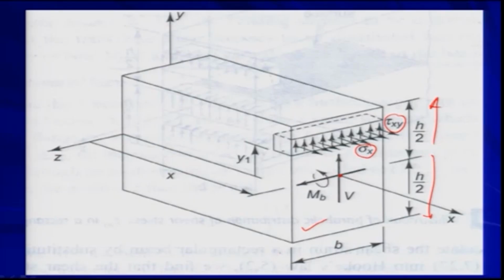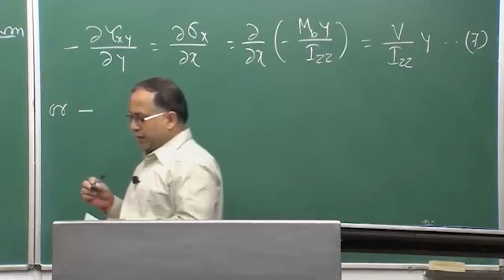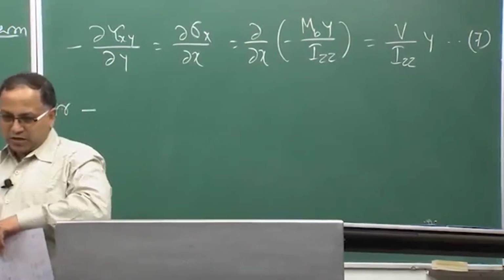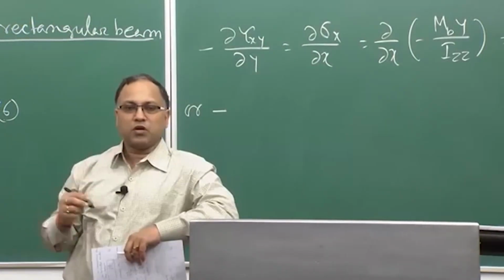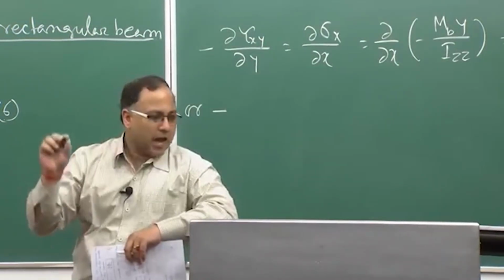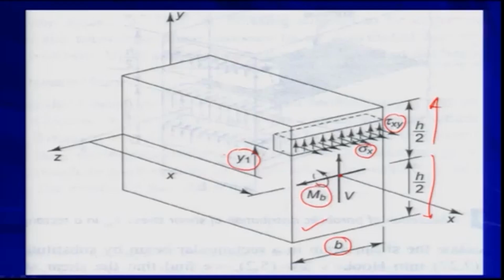The bending moment on this section is say M_B, the width of the beam is say B, and we are considering one section at say y1. We will be finding out the variation of the shear stress, the magnitude of the shear stress from y1 to the top surface. I mean, at y1 what is the magnitude of my shear stress.